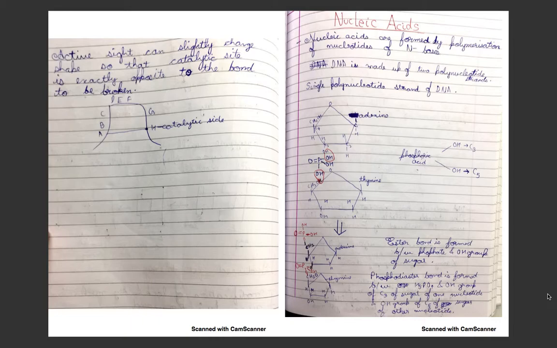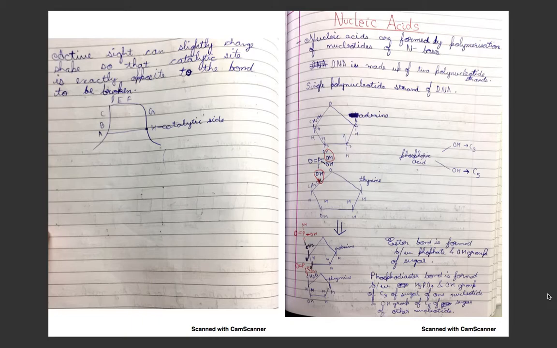Nucleic acids are formed by polymerization of nucleotides. DNA is made up of two polynucleotide strands.